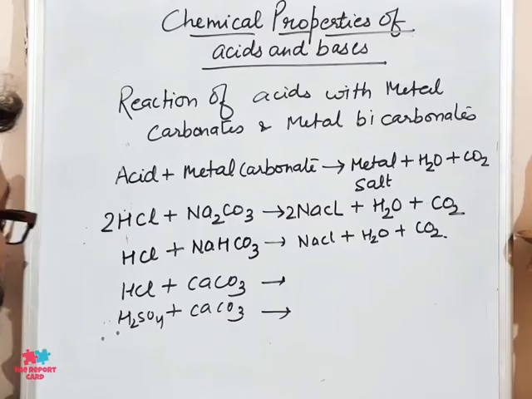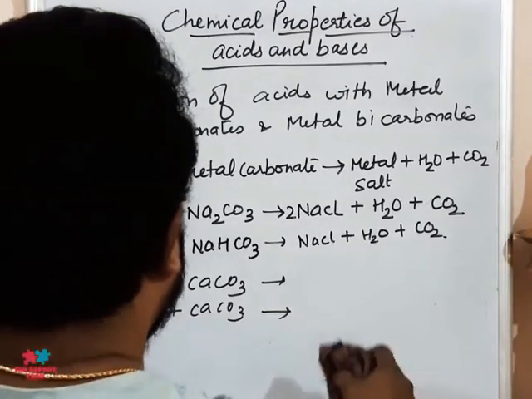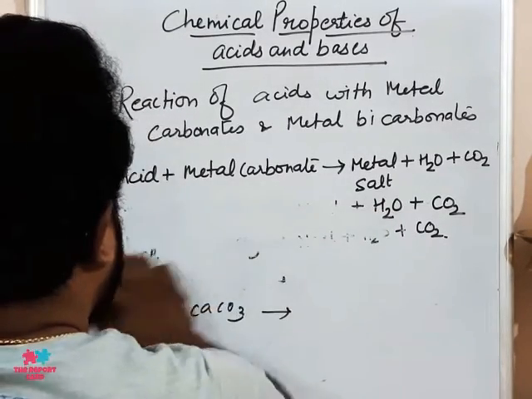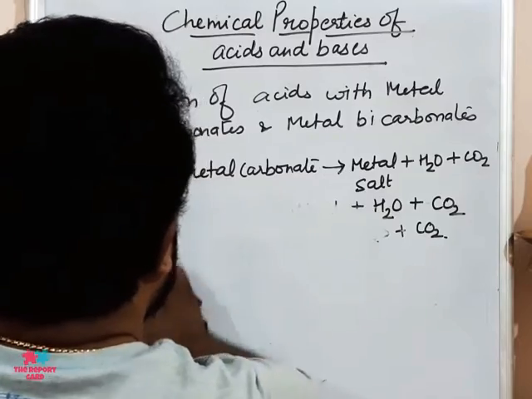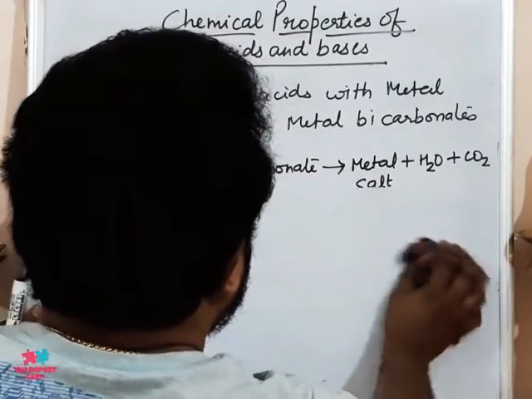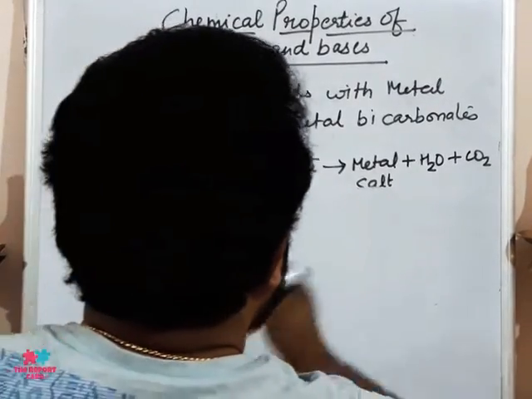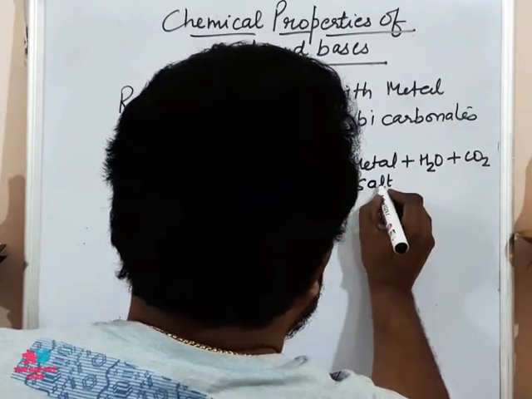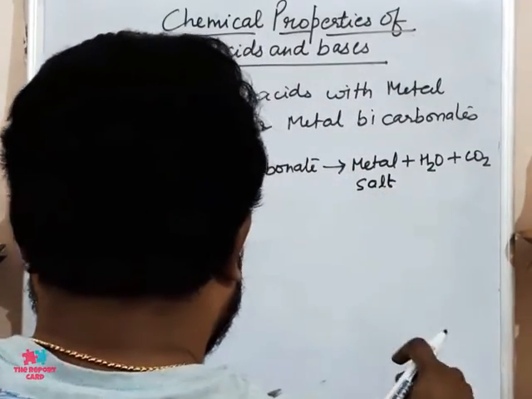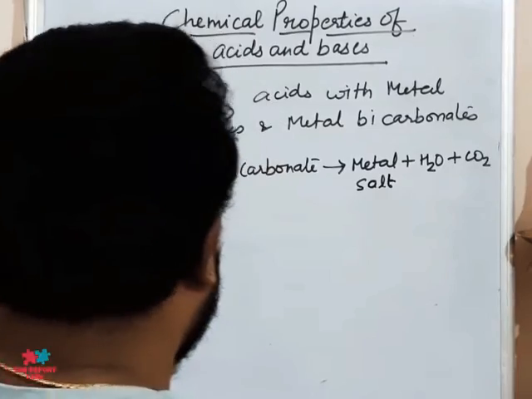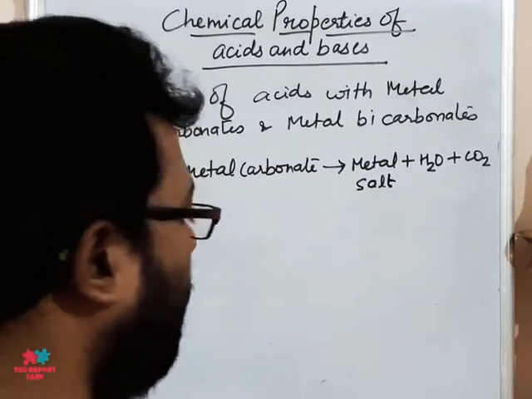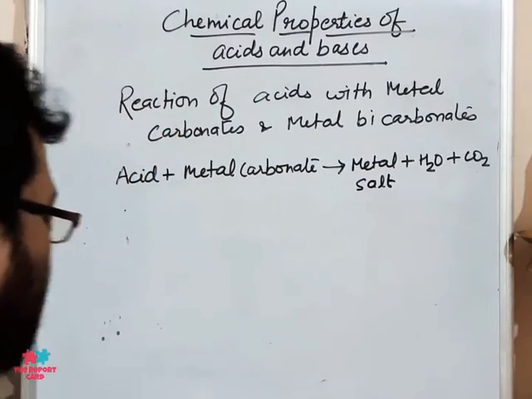And now just one more thing. When I say that carbon dioxide is passed through lime water and the lime water turns milky, what exactly happens? Why does the lime water actually turn milky? See, what is lime water?